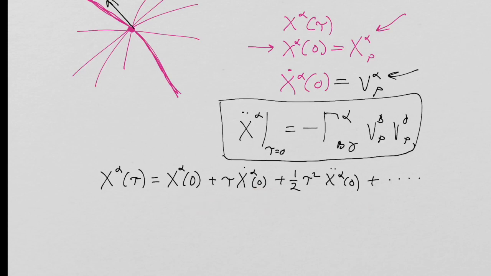So the good news, though, is that we know our initial conditions by assumption, and the geodesic equation gives us this term. So now I can fill in this and this with things that we know, right? This is all the initial conditions, and this is the connection in the arbitrary coordinate system. So I can write all this down.